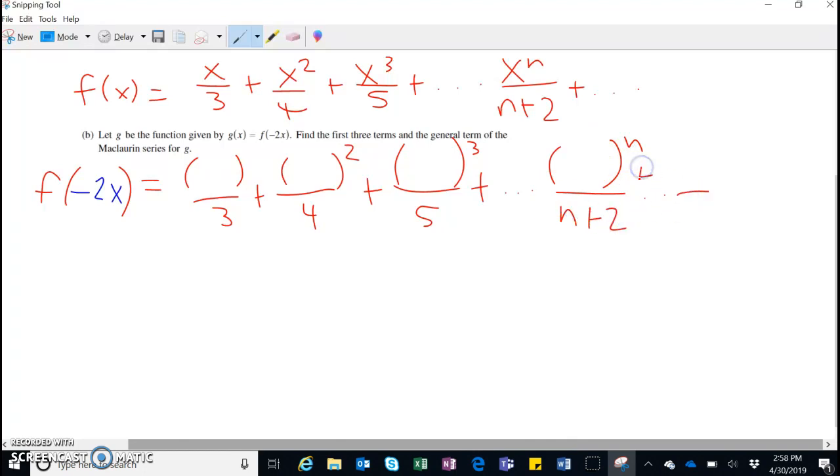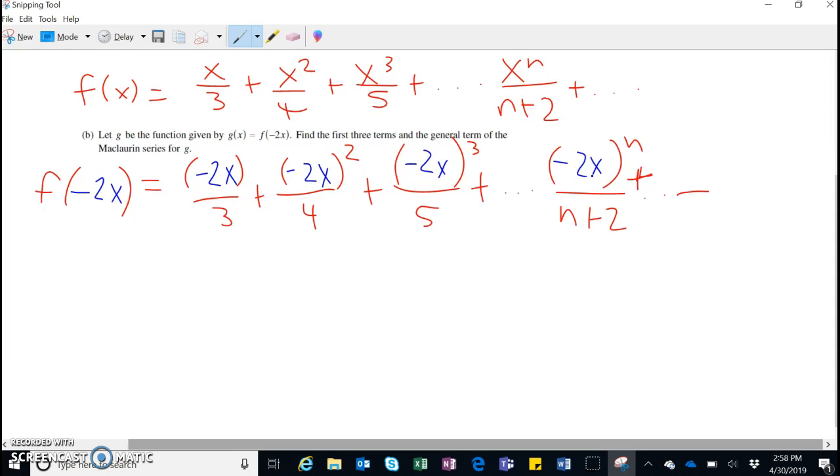So what I want to do here, that's a plus, dot dot dot, at the end, is just take that template for our function f and compose a -2x in everywhere that there's an x, which is great. That's what I've got. I've found my first three terms and my general term. There's absolutely nothing wrong with this answer, and you can leave this as your answer if that is what you want to do.